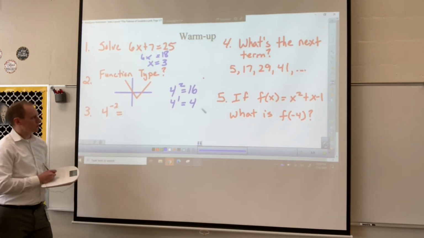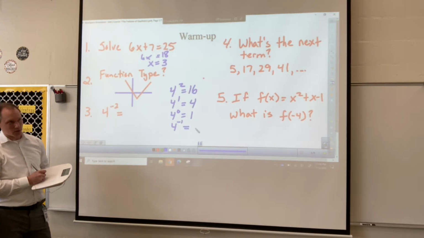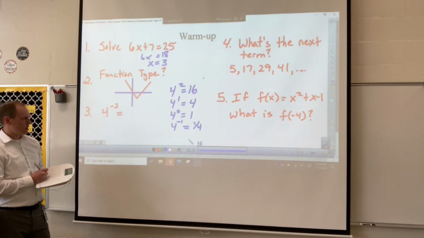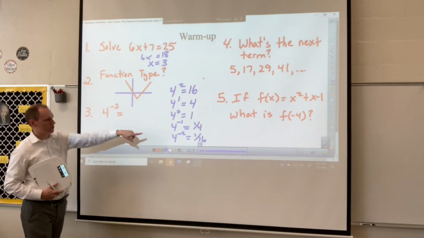So we said that 4 to the 0 would just be 4 divided by 4 is 1. 4 to the negative first power is 1 divided by 4 again is 1/4. Therefore, 4 to the negative 2 power, continue dividing by 4 one more time, and you get 1/16. And so 4 to the negative 2 power is 1/16.